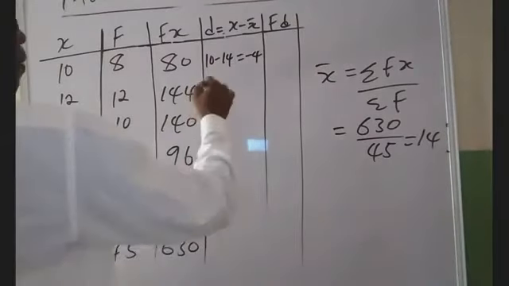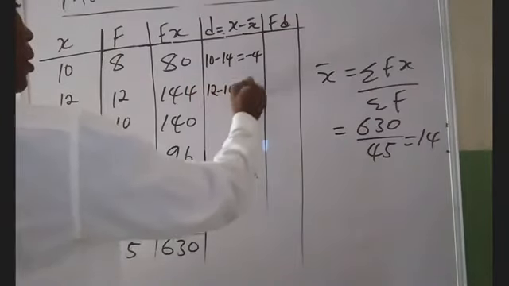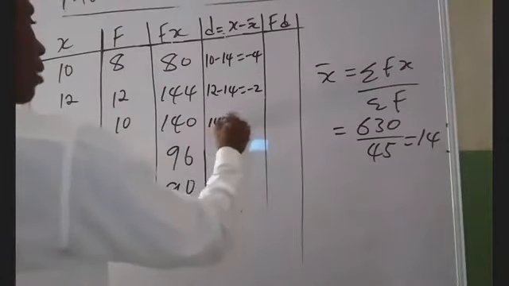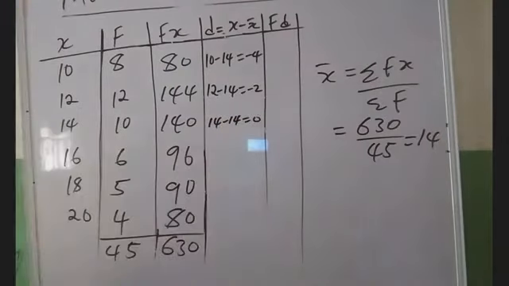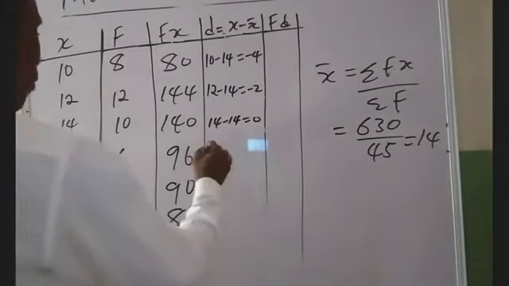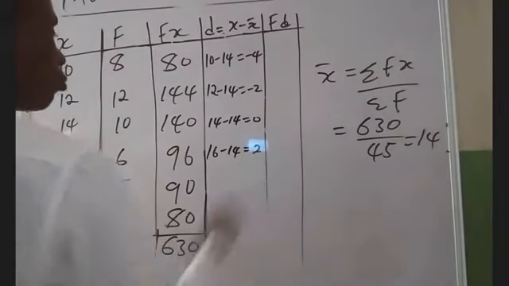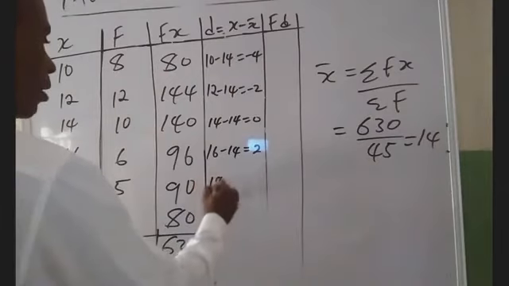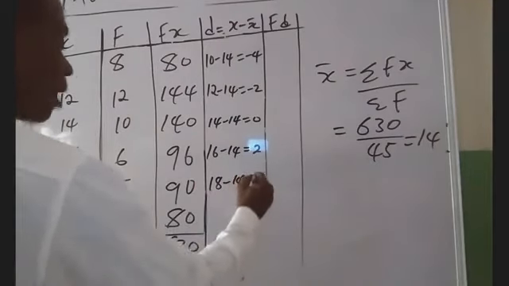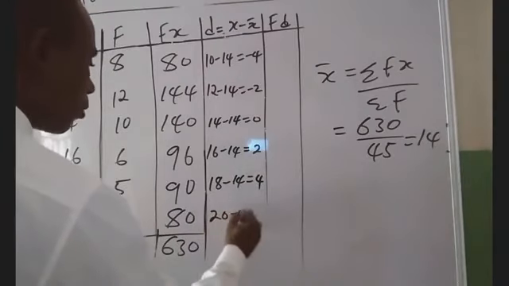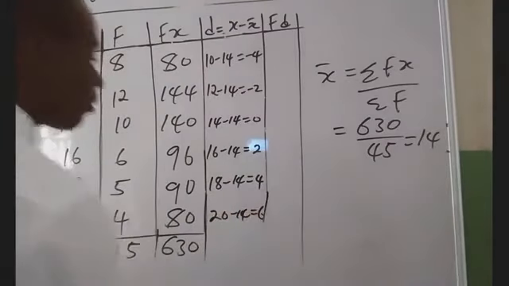Then you have 12 minus 14, that will give you minus 2. Then you have 14 minus 14 to get 0. You have 16 minus 14 to give you 2. You have 18 minus 14, that gives us 4. And 20 minus 14 gives us 6.